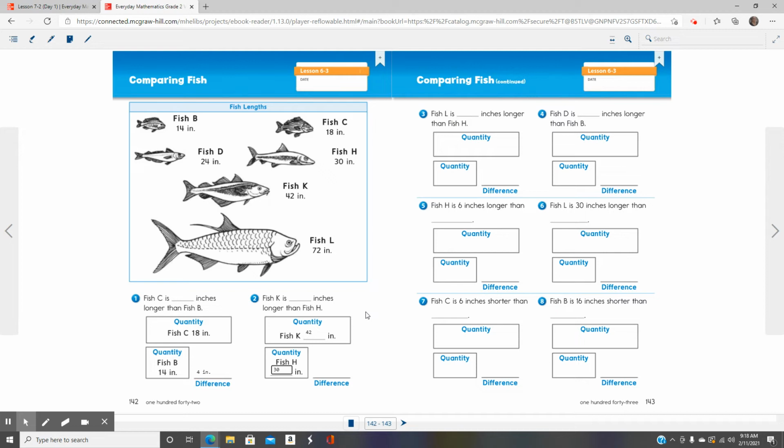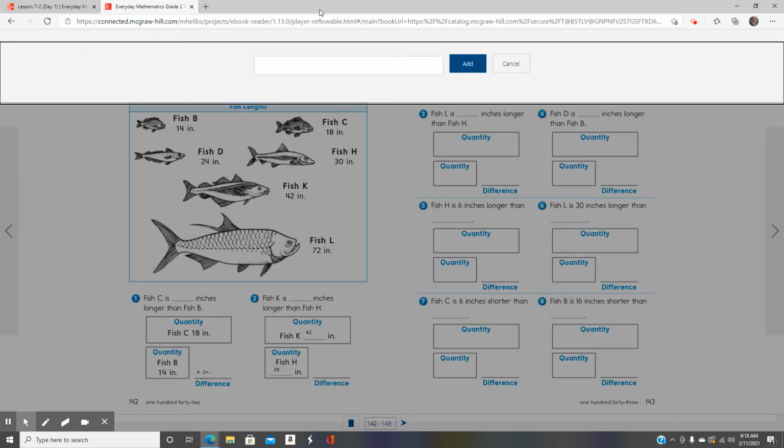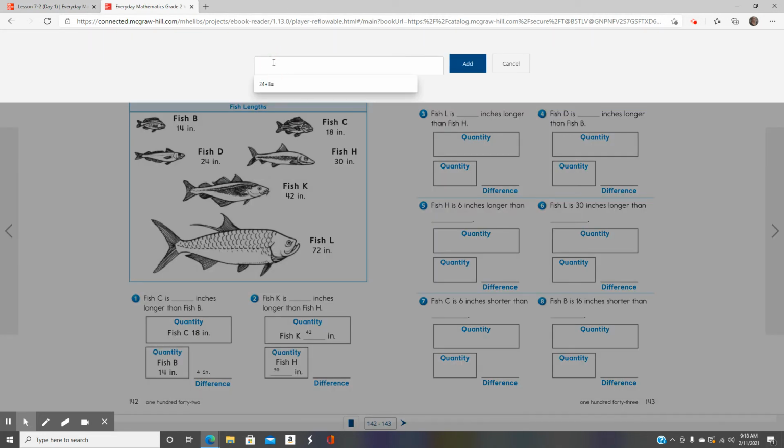So 30, 31, 32, 33, 34, 35, 36, 37, 38, 39, 40, 41, 42. So I counted on 10 fingers and then I counted on 2 more. I know that 10 plus 2 is 12. So the difference is 12 inches.